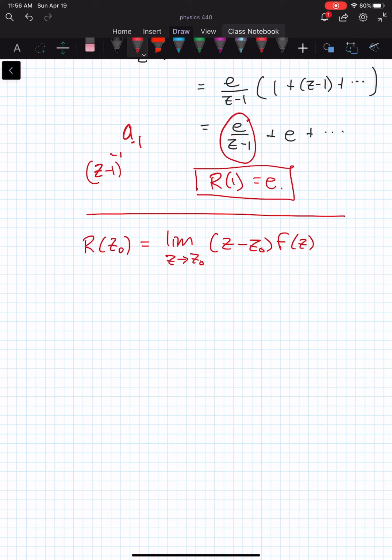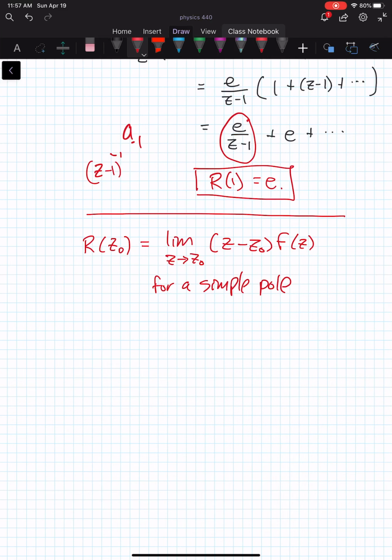And this is for a simple pole, I should say. In other words, it matters what we're trying to expand about.